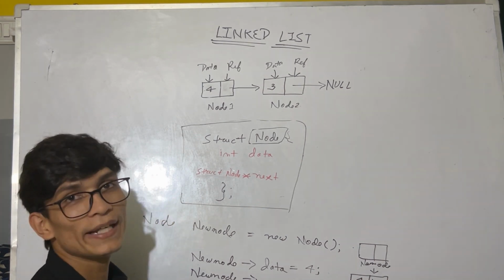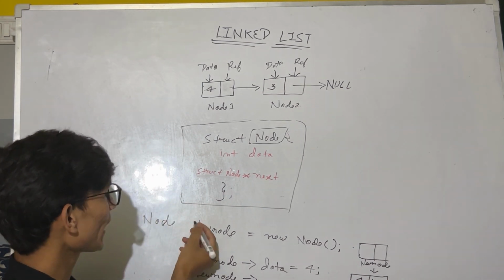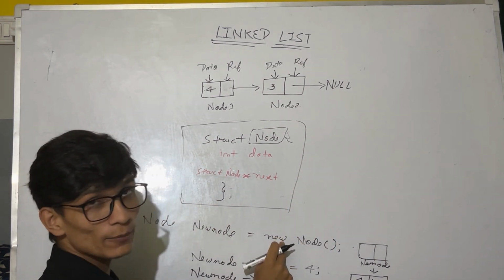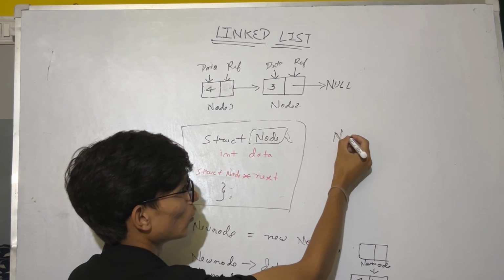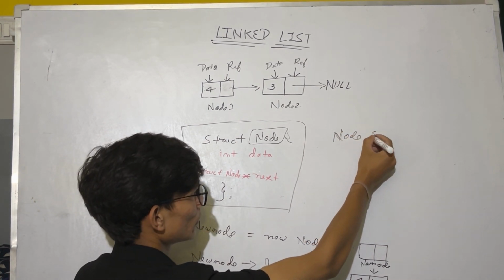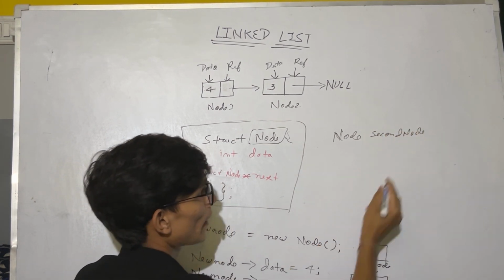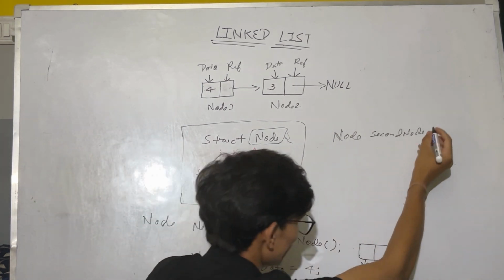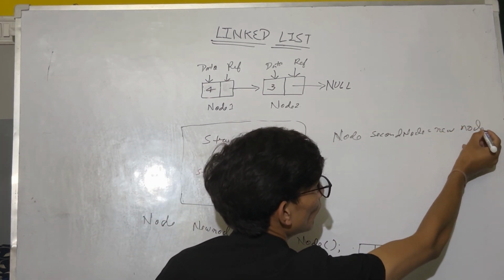Like that we can make many nodes, and if there is another node as well, we can create another one with the help of this statement. Let's suppose we are making a next node, so the second node, we are giving the name, and then the same syntax as before, new node.